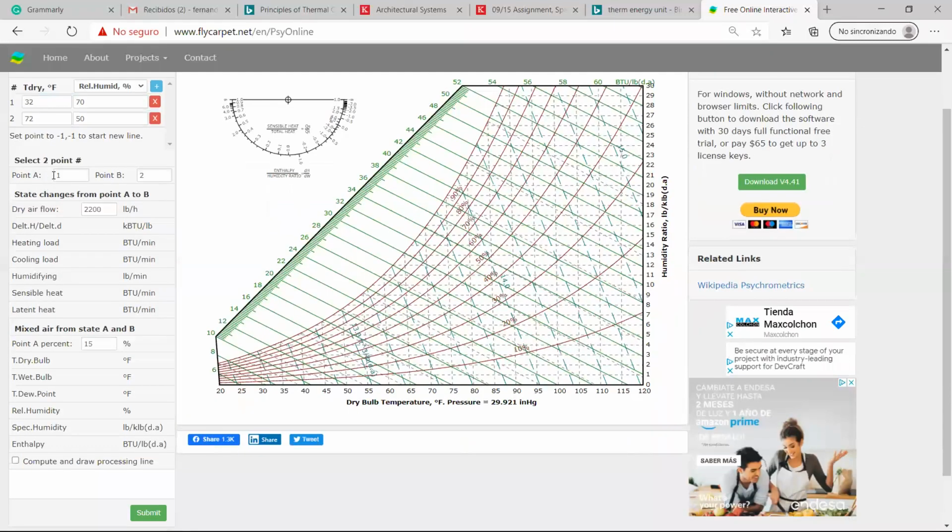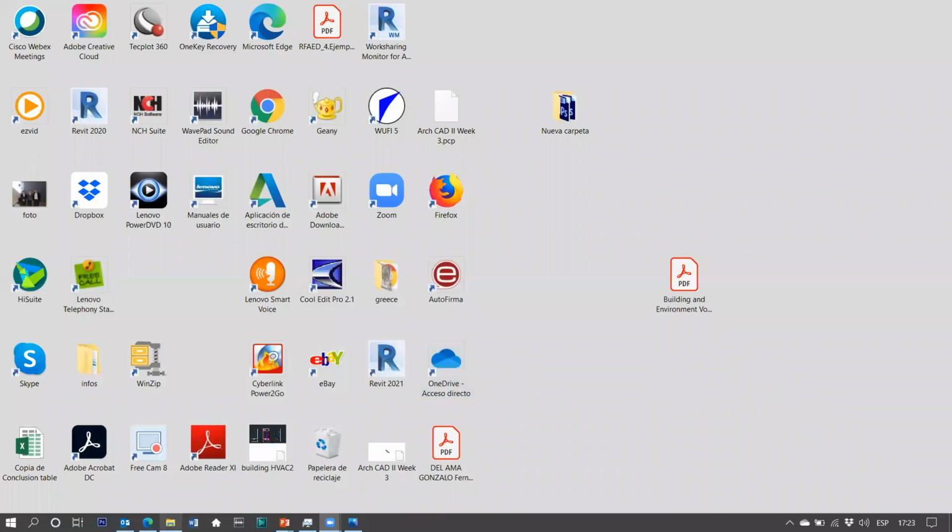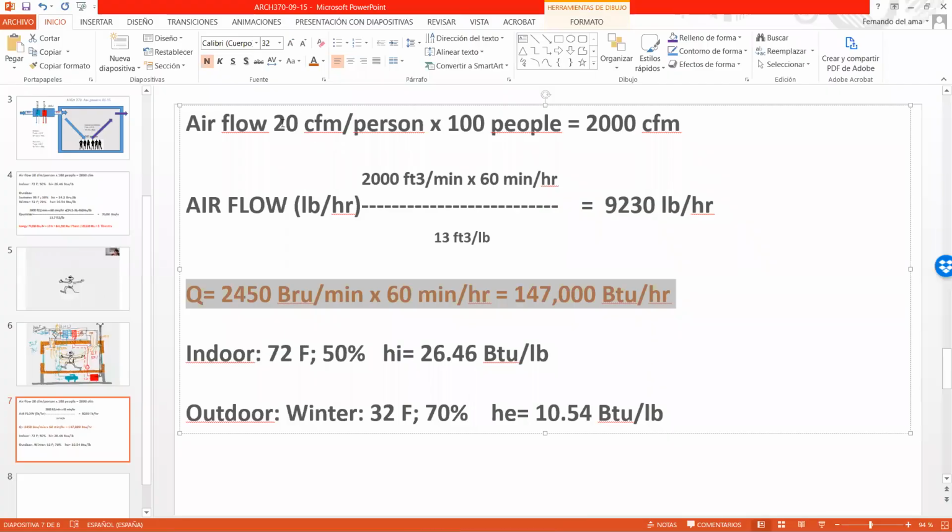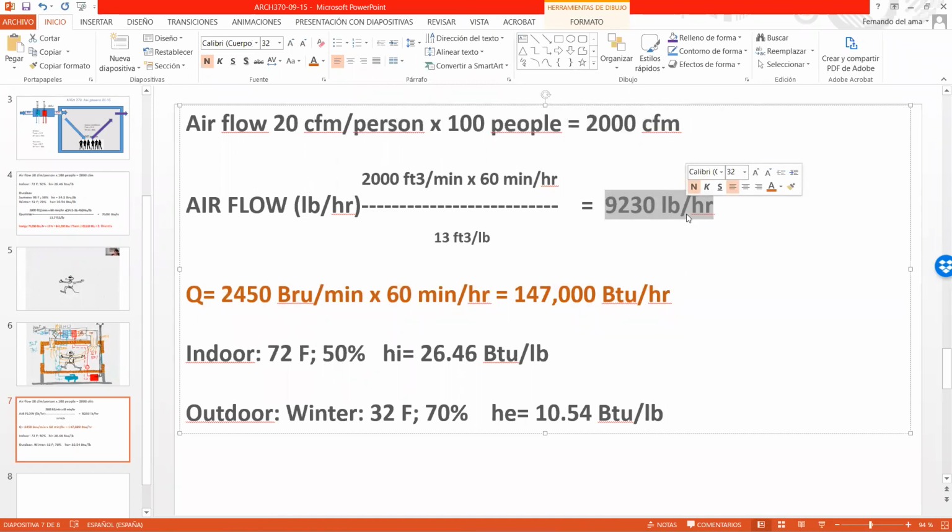So we go from A, which is point number 1, to B, which is point number 2. If we have only 2 points, that's easier. And now we need the airflow. Okay, so for the airflow, we need to convert CFM into pounds per hour.